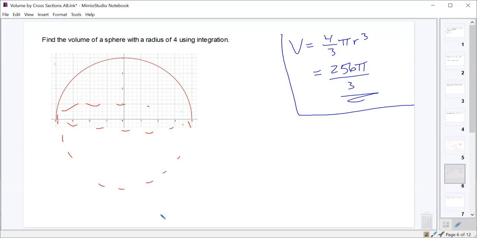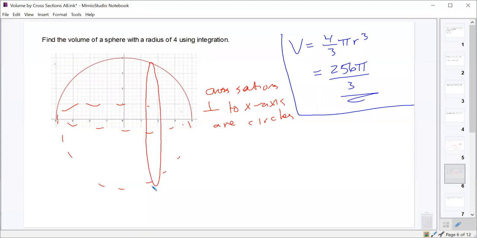Each cross section is a circle, as we just said. So cross sections perpendicular to the x-axis are circles, and each of those circles has a thickness of dx.